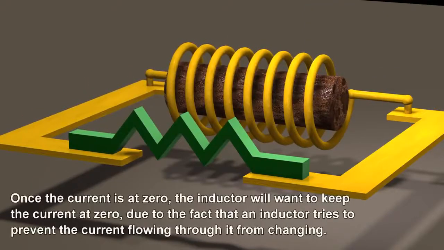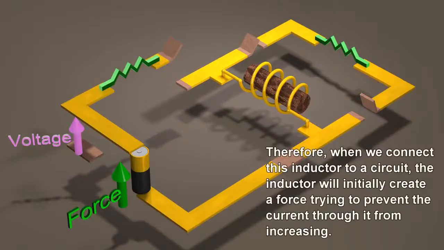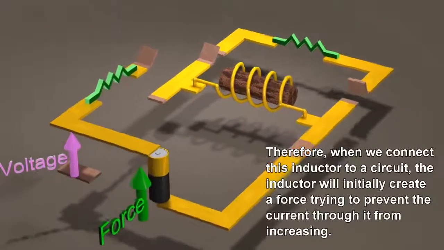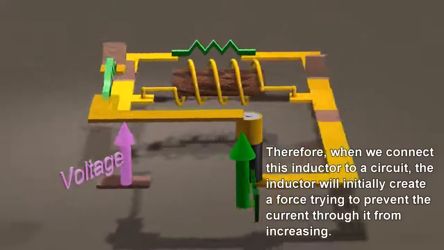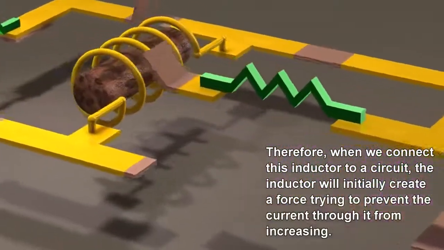Once the current is at zero, the inductor will want to keep the current at zero, due to the fact that an inductor tries to prevent the current flowing through it from changing. Therefore, when we connect this inductor to a circuit, the inductor will initially create a force trying to prevent the current through it from increasing.